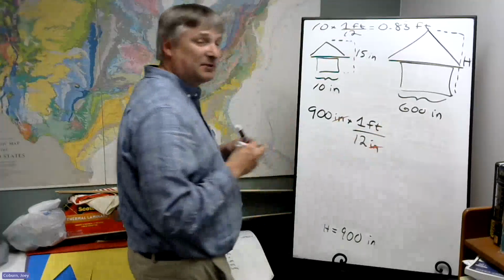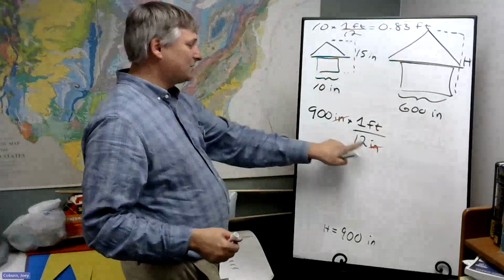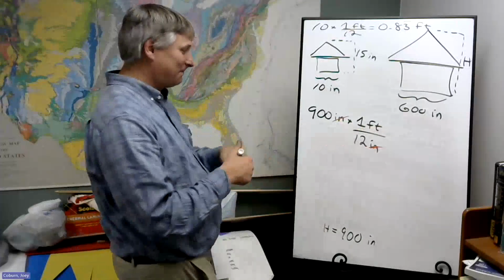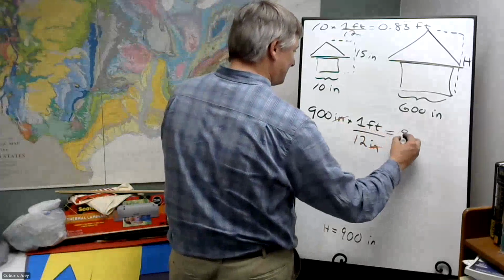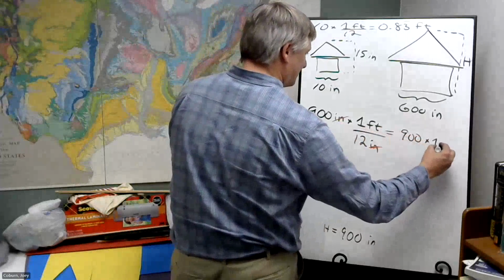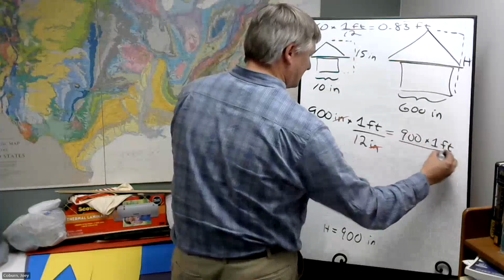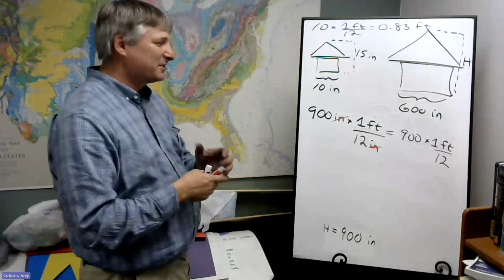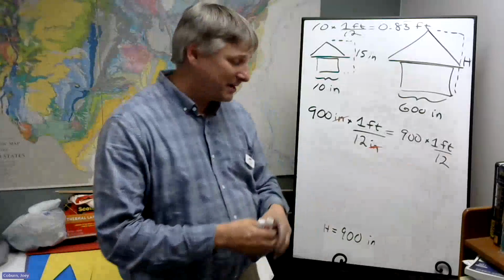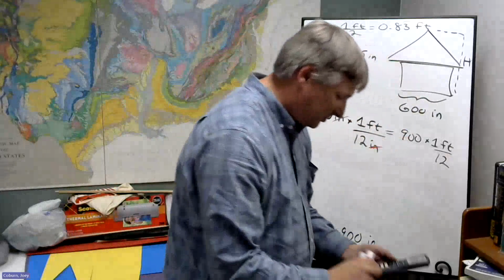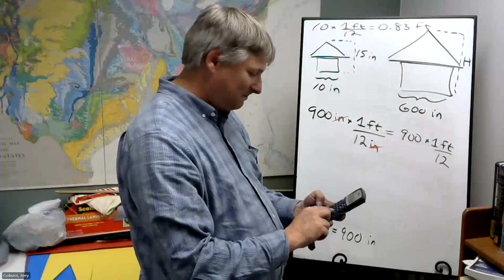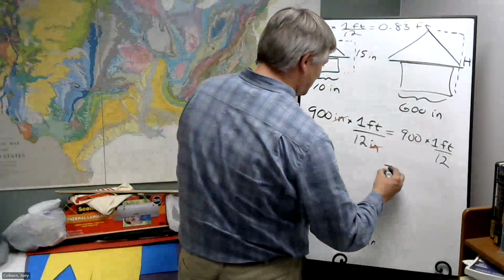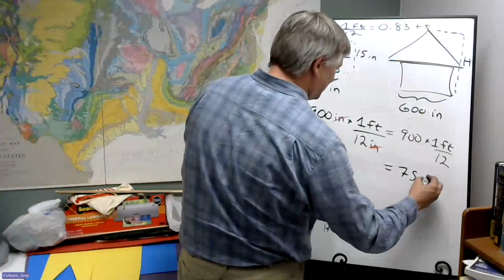And we know we set this up correctly if the inches are canceling because one's above, one's below, leaving feet behind. So it's 900 times 1 divided by 12. And sure enough, if we do that, this is 75 feet.